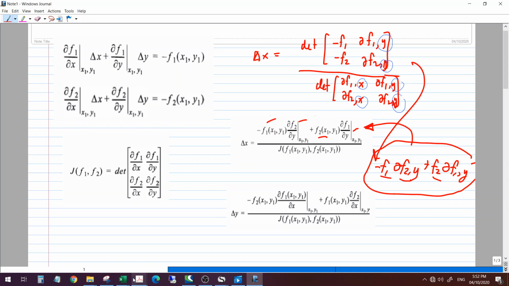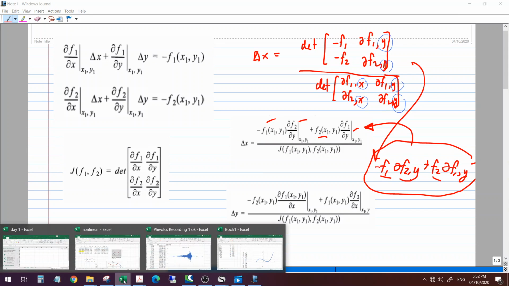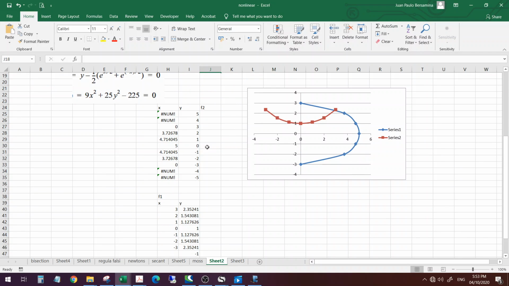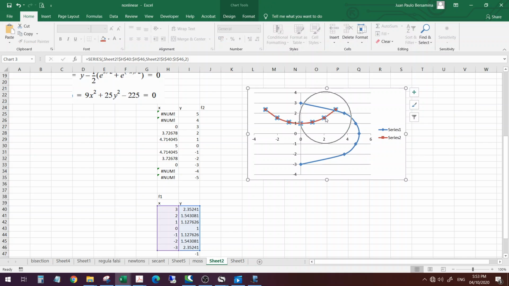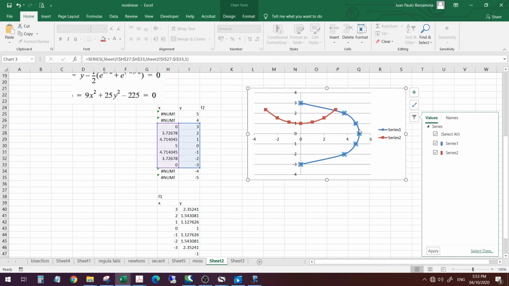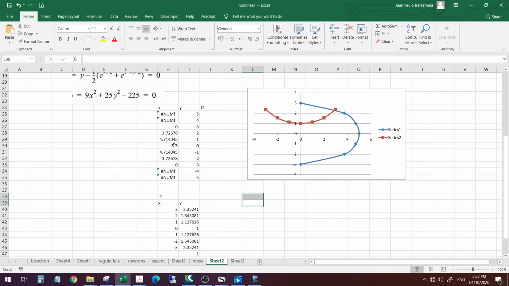Now for the implementation in Excel, I already plotted the two equations on Excel. This one is f1, while this one is f2. Similar to what we did before, we find x and y.